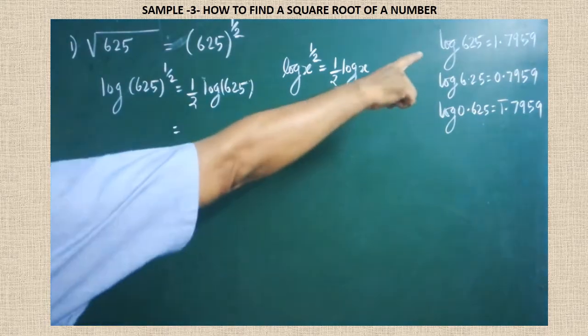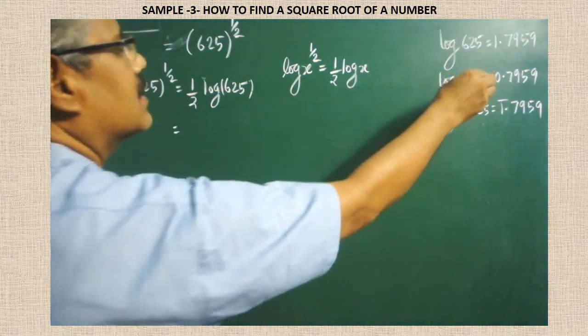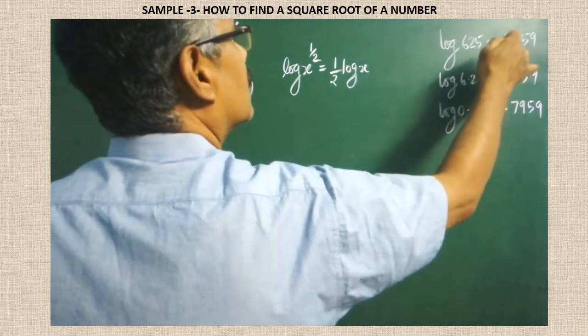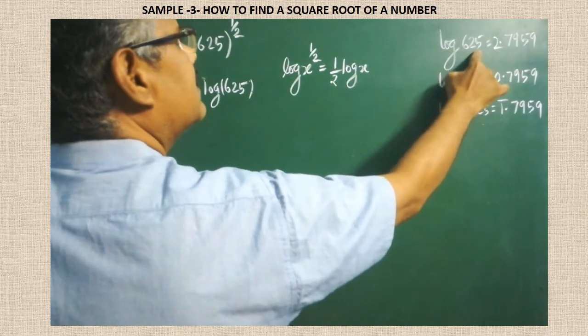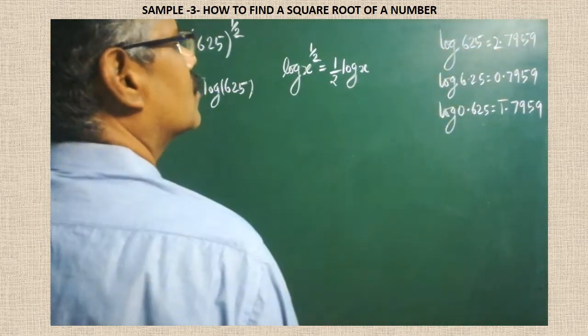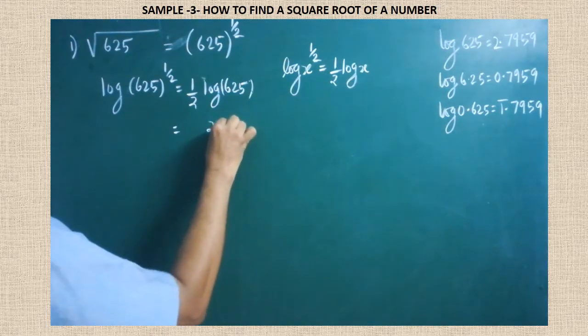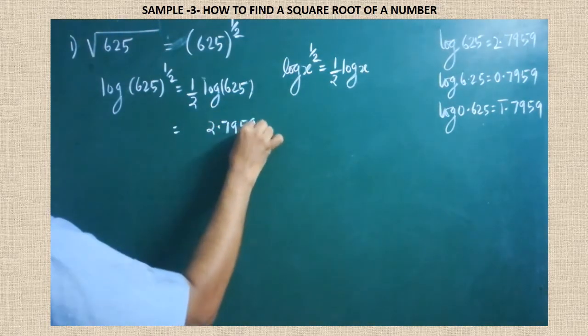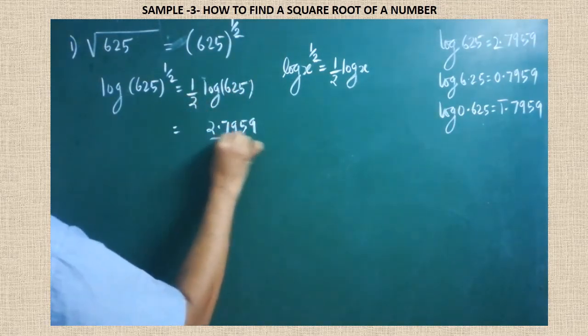What is the log of 625? 3 digits are there. Therefore, the characteristic must be written as 2. So it should be written as 2.7959. This log value is to be divided by 2.